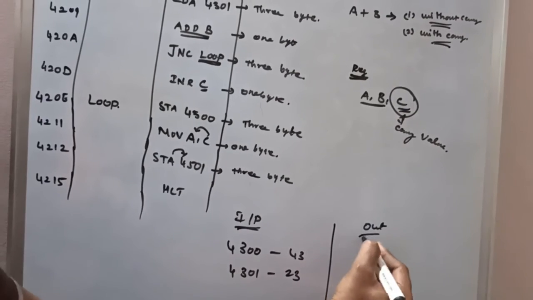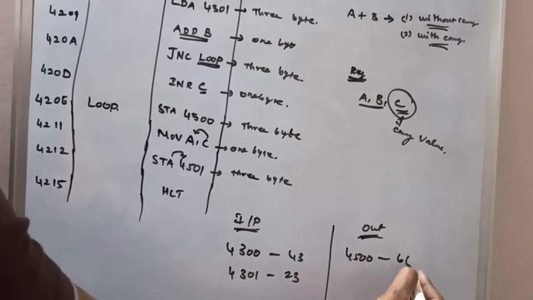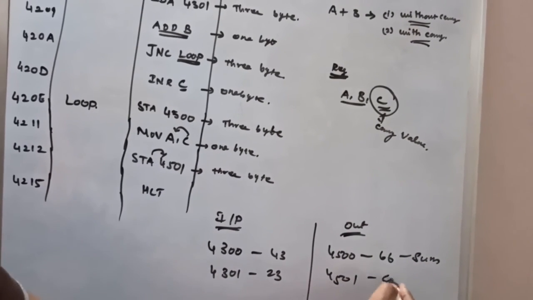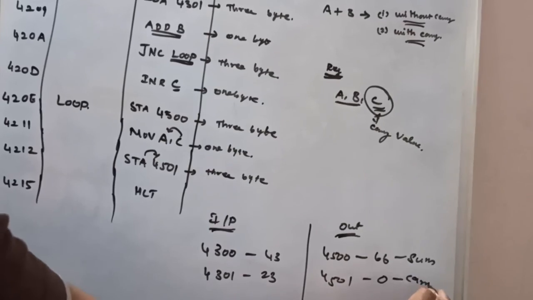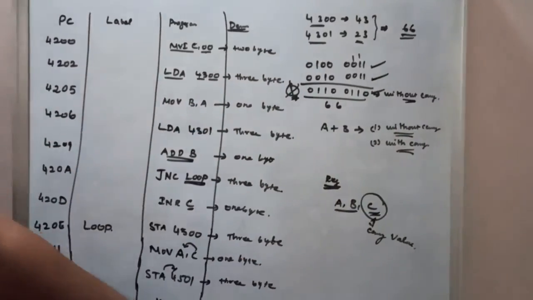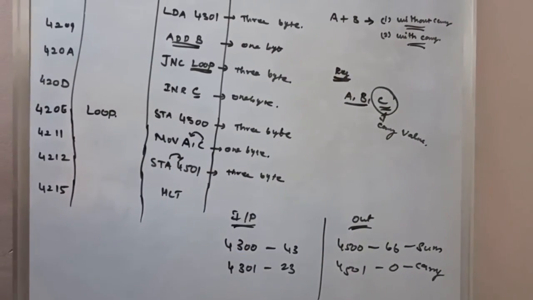Output value: in 4500, you store 66, which is the sum value. In 4501, 0, which is the carry value; there is no carry. If any carry is produced, the 4501 value may change from 0 to 1.